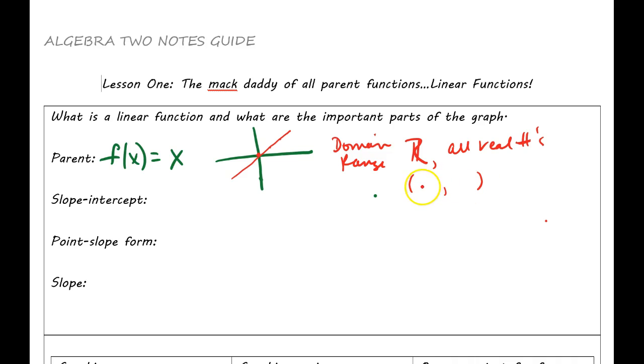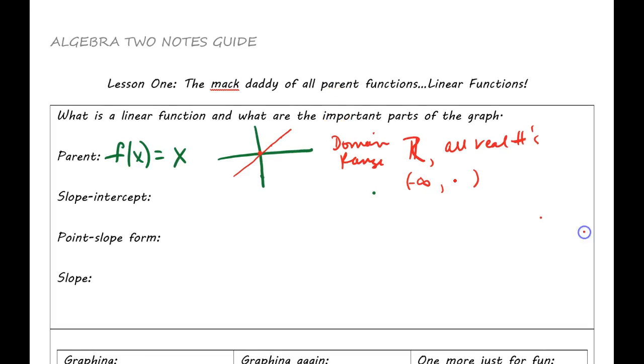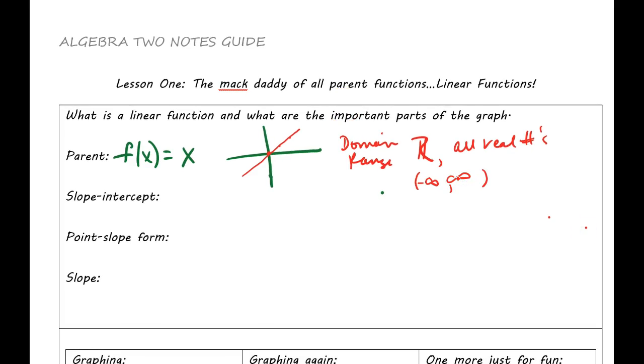You talk about on the left how far out it's going to go, and to the left it's going to go to negative infinity, and then as you keep going to the right, this thing is going up to positive infinity. So that is interval notation. This also means all real numbers. So these three things mean the same thing. Okay, so you'll see that especially in a pre-AP classroom.